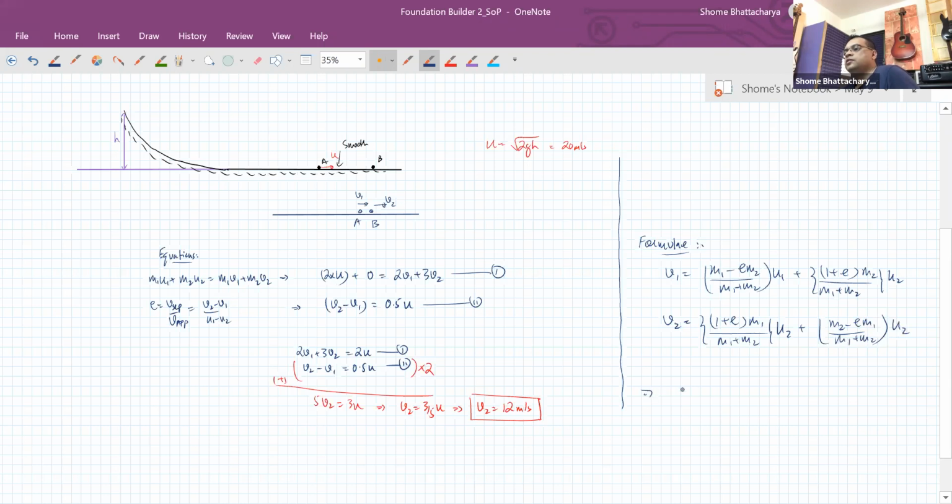So in this case, we'll get V1 as (2 minus 1.5) upon (2 plus 3) into 20. We get V2 as 3 by 5 into 20.